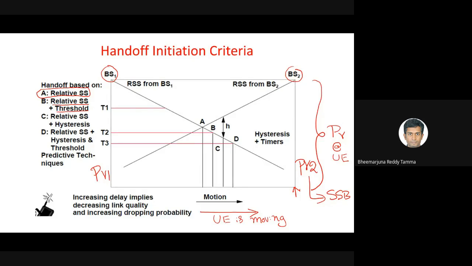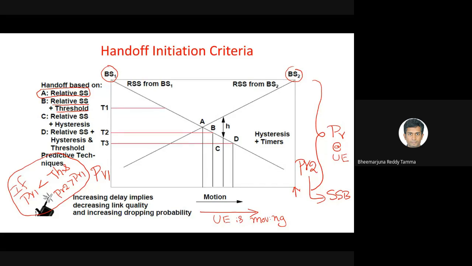So let's assume the threshold that you are setting is: if PR1 is less than the threshold, and PR2 is greater than PR1. So this is the logic that I wanted to use.